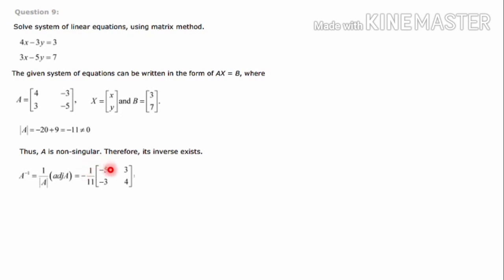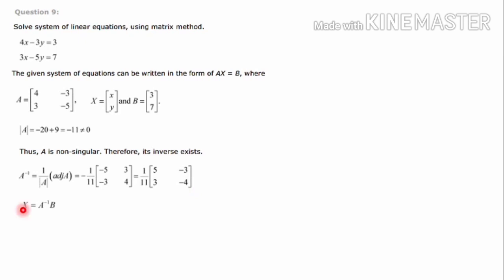Let's take this minus inside. When you multiply the minus inside, negative numbers become positive and positive numbers become negative. That is 1 by 11 into minus 5 becomes plus 5, 3 becomes minus 3, minus 3 becomes plus 3 and 4 becomes minus 4. And the final answer for A inverse is 1 by 11 into matrix 5, minus 3, 3, minus 4.